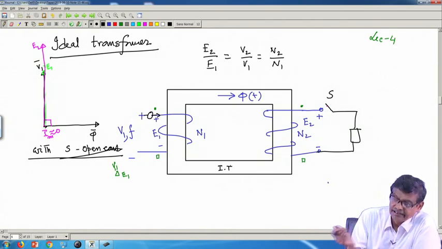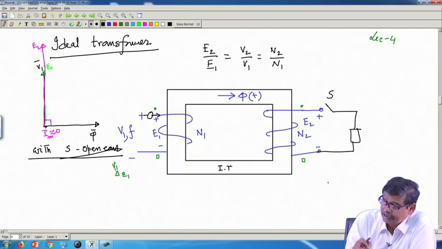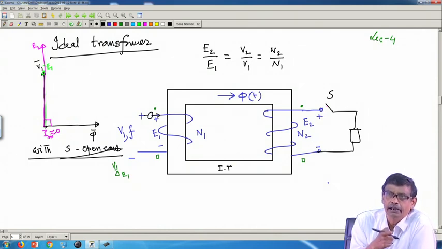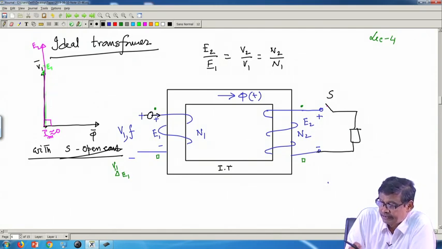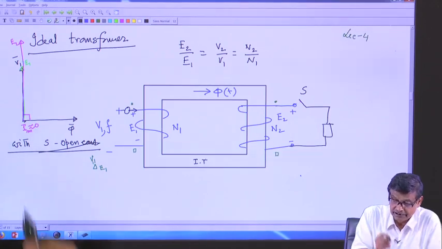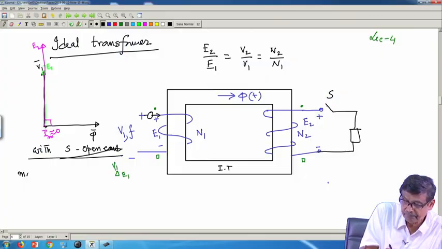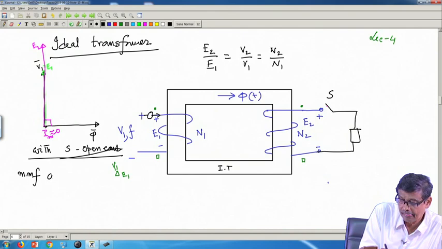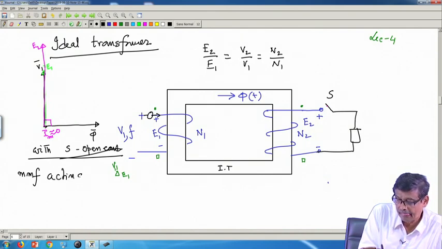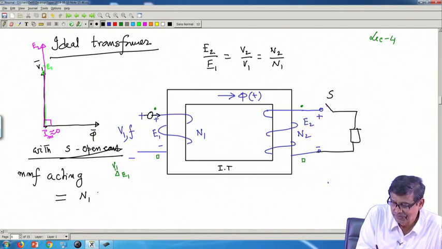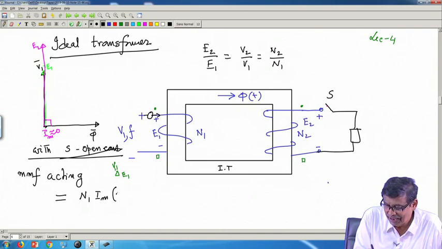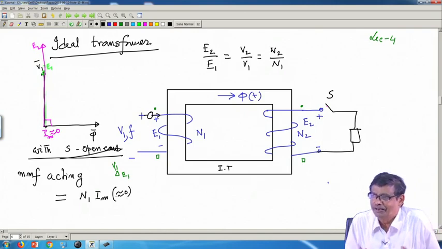Achha, when S is open, it is a magnetic circuit, single coil, and the MMF acting in this magnetic circuit with S opened is equal to N1 into this Im, the magnetizing current, which is very close to 0, no doubt.